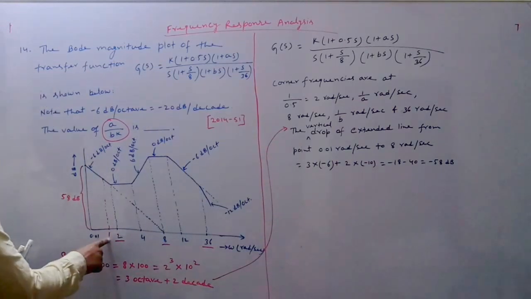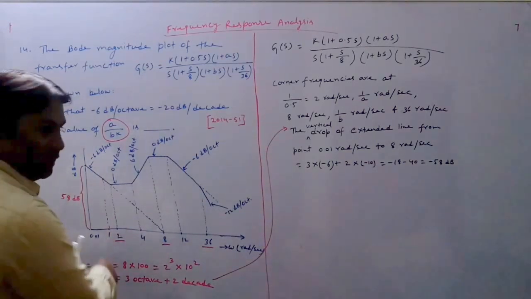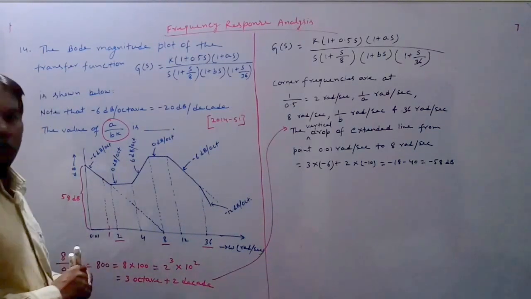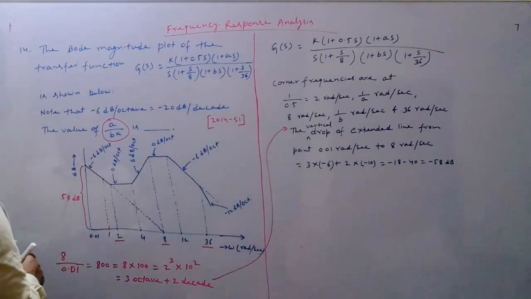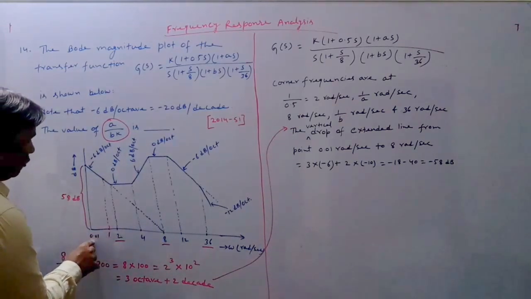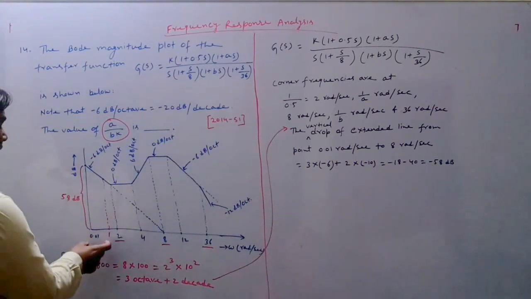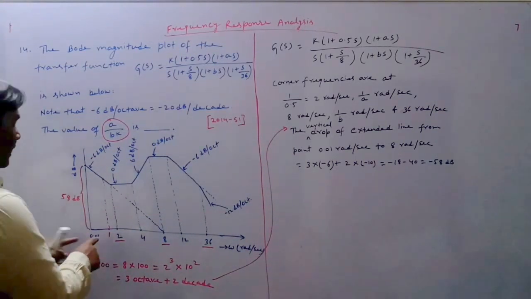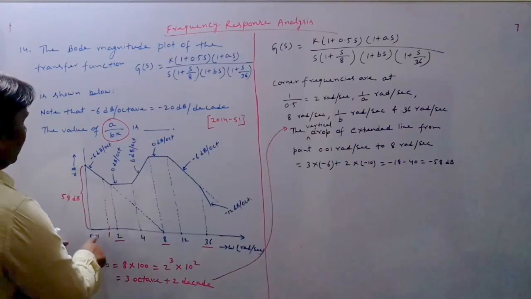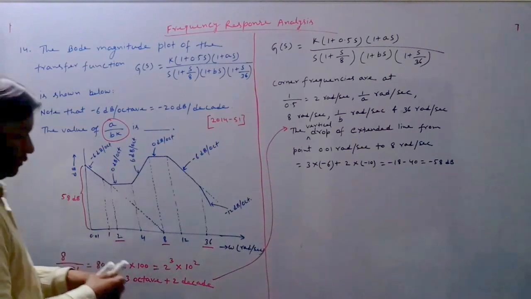So the point 1, meaning 1 radian per second, will lie in between point 0.1 to 2. So now we can calculate the drop between point 0.1 to 1. So what is the dB? What is the decade between point 0.1 to 1? So the number of decades between point 0.1 to 1.